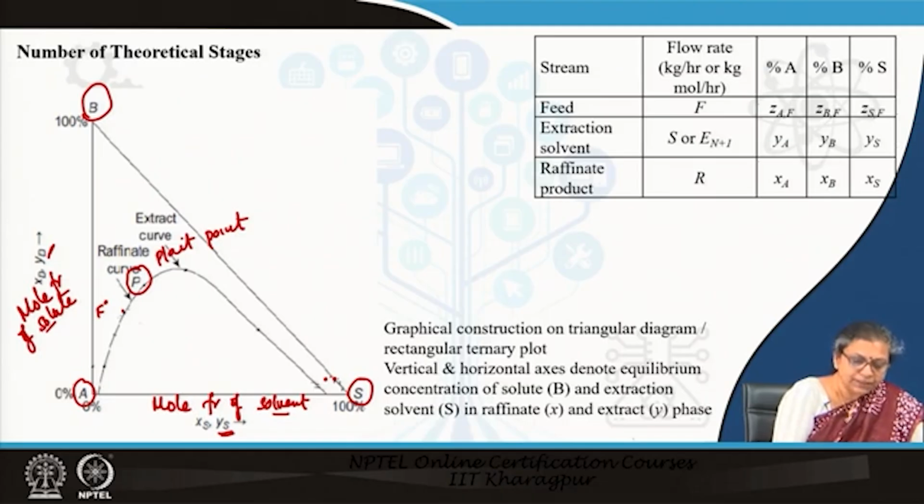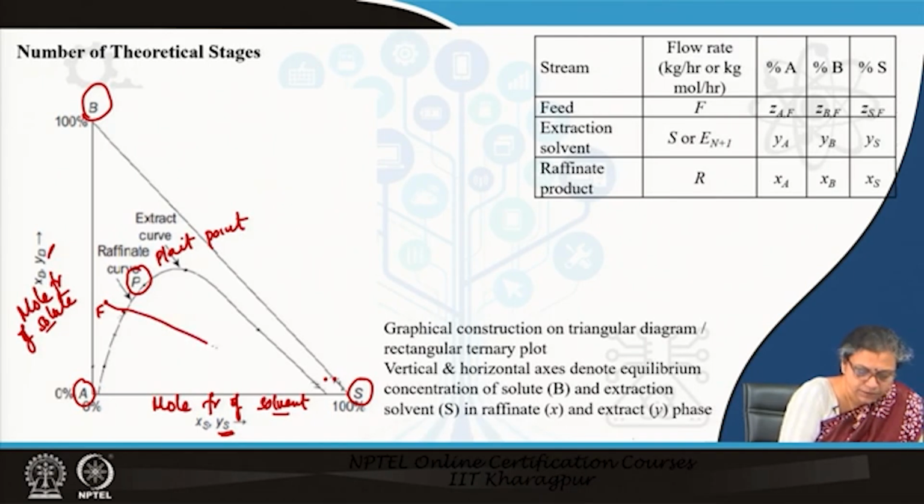Now, I had already mentioned last time, when we were discussing the ternary plots while discussing the equilibrium considerations, that if you join this particular point F to S, then the mixture point is going to lie on the straight line joining F and S. With more solvent, the mixture point keeps on shifting here; with a lesser amount of solvent, the mixture point is towards here.